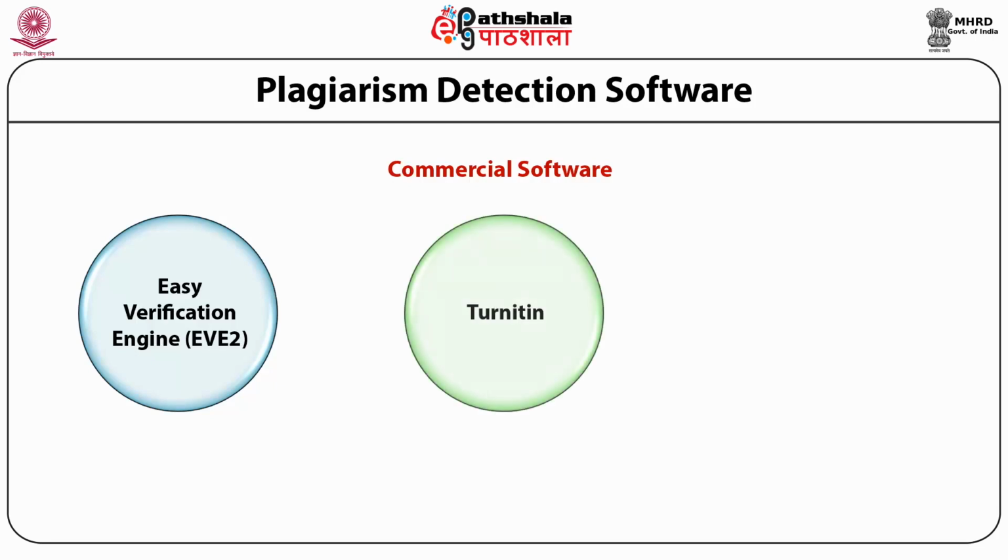Next one is Turnitin, which is a new enhanced version that integrates 3 essential instructional support tools: OriginalityCheck for plagiarism prevention, GradeMark, that is paperless grading, and PeerMark, peer reviewing.